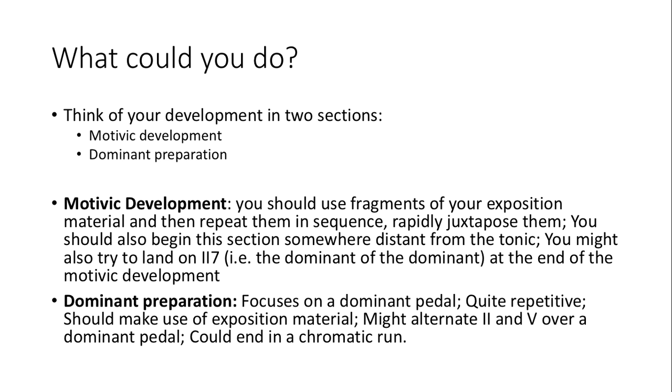Not only does that give you the tools with which to build that bit of development, but it also gives you a goal. You've got to land on the dominant of the dominant so that your dominant pedal is prepared, and then that should hopefully lead nicely into your recapitulation.